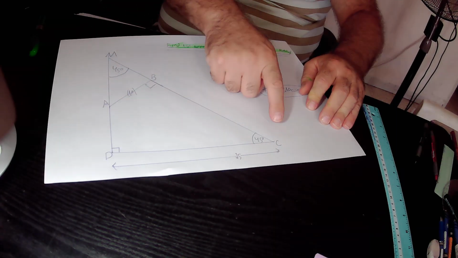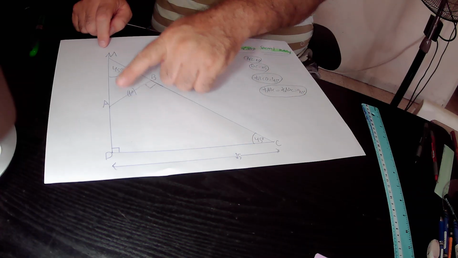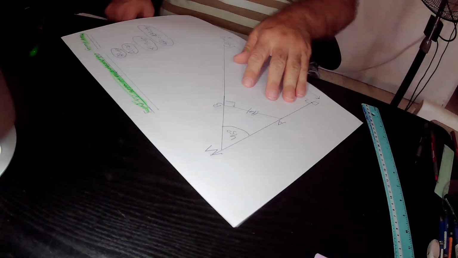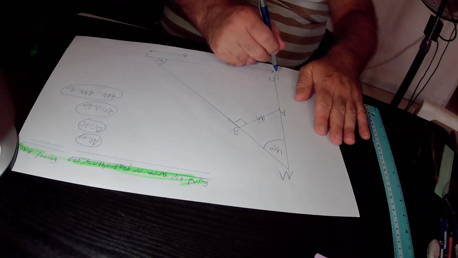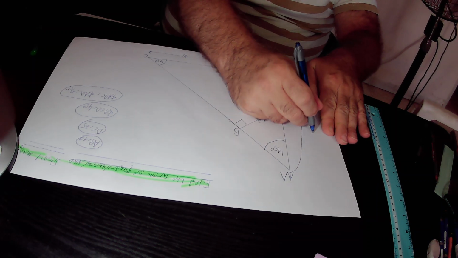But side DC equals 25 units in its length, therefore side MD must also be equal to 25 units in its length. So MD, or DM, equals 25 units in its length.